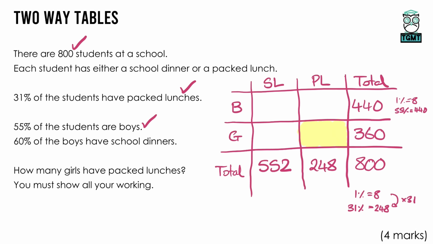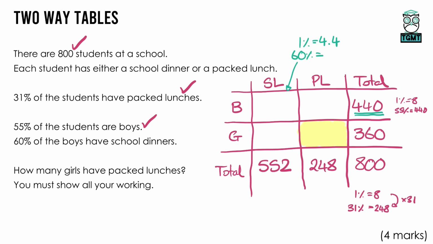60% of the boys have school dinners. So I labelled it as school lunches, but there we go, school dinners. So for the boys, 60% of the boys. So you've got to be careful here because it's no longer out of 800, there are 440 boys. So for this box here, we're going to have to be extra careful. There are 440 boys, so 1%, dividing that by 100, would be 4.4, and 60% of them have the school dinner.